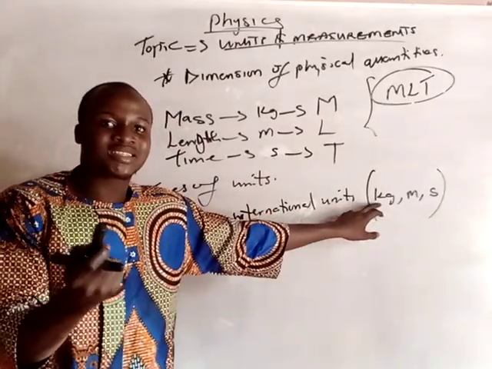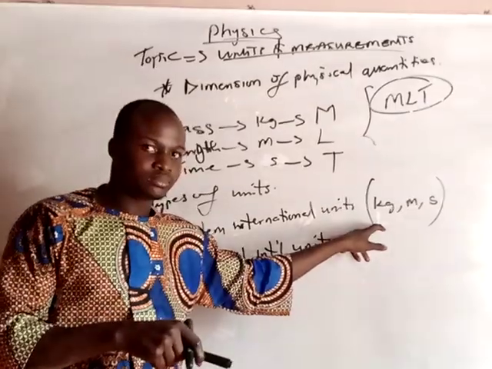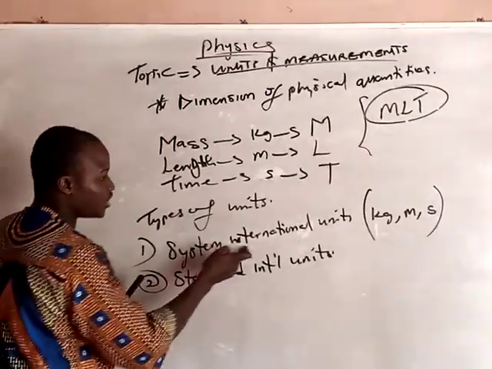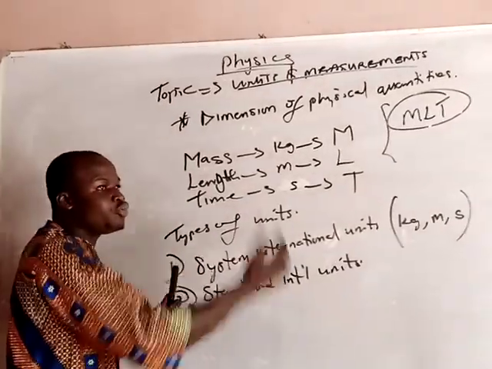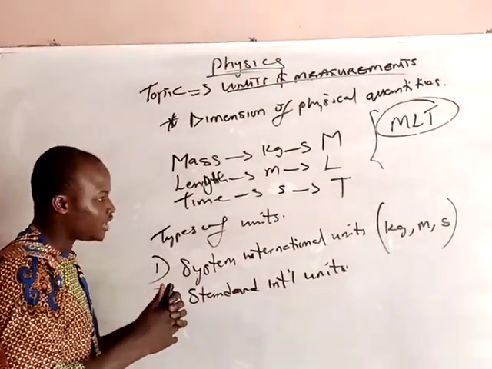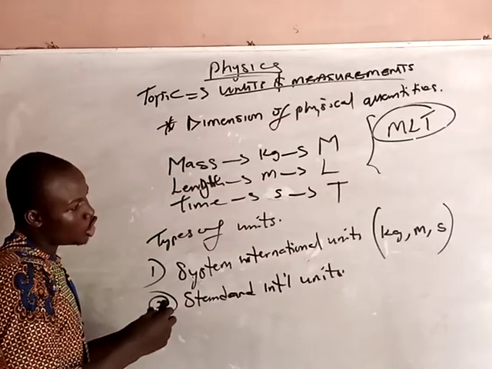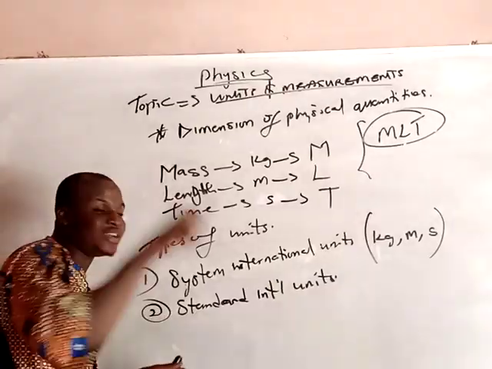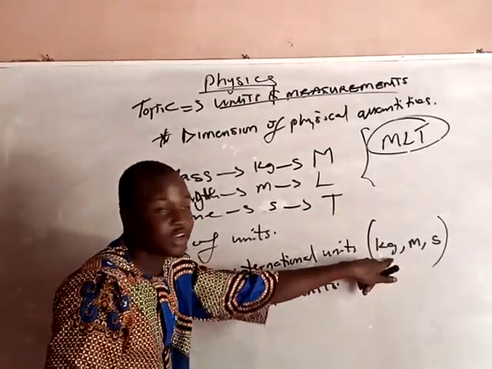You are going to convert that gram to kilogram. That is why System International Unit is the approved unit in physics. Even though your calculation is given in gram or in centimeter, you have to convert them. This is what physics recognizes.